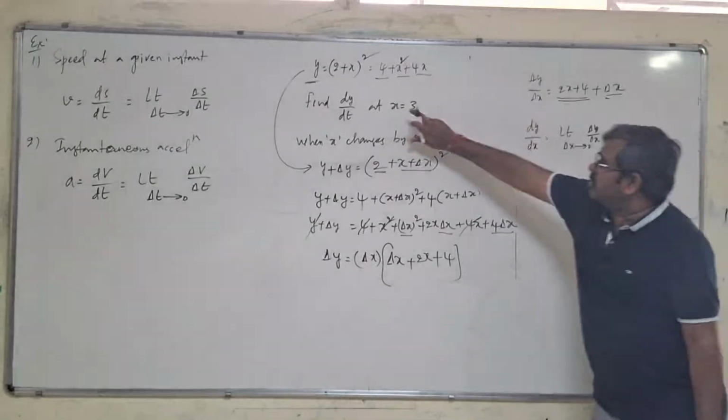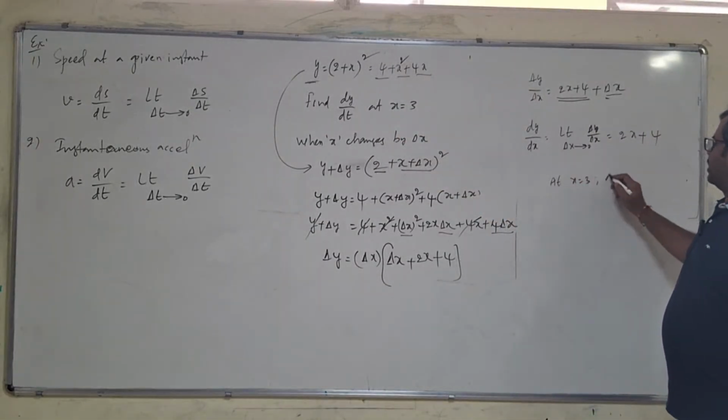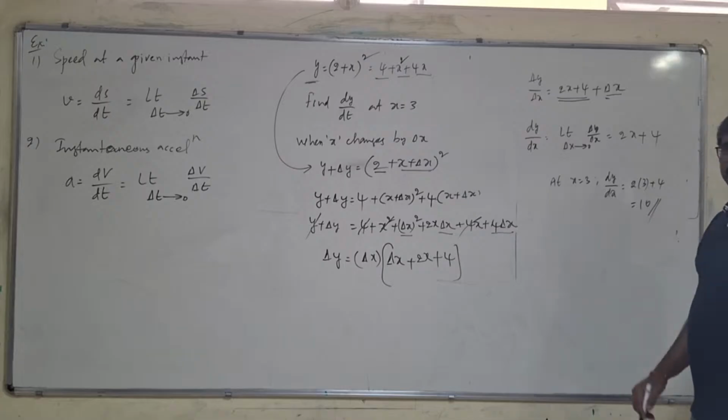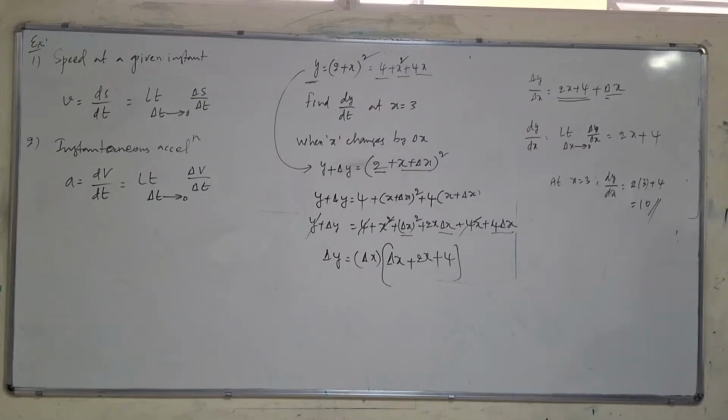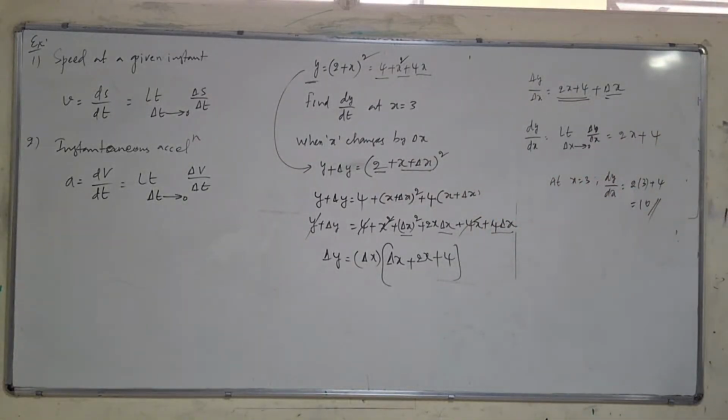At x is equal to 3, dy by dx is equal to how much? 2 into 3 plus 4, 10. Right? So instantaneous rate of change in y with respect to x at x is equal to 3 is 10. That's what it means.